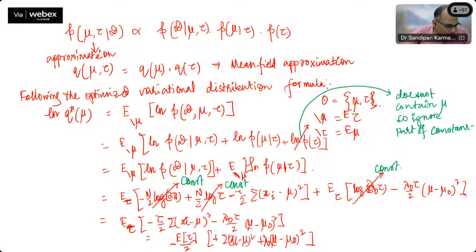Now you can do refinement of this particular expression, and you can find out in terms of mu what is the mean and what is the variance. So it will be coming as minus E of tau by 2, and then summation over i equals 1 to n of (xi minus mu) whole square plus lambda naught into (mu minus mu naught) whole square.